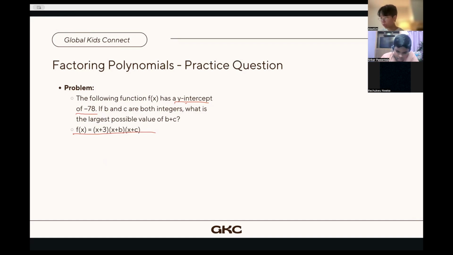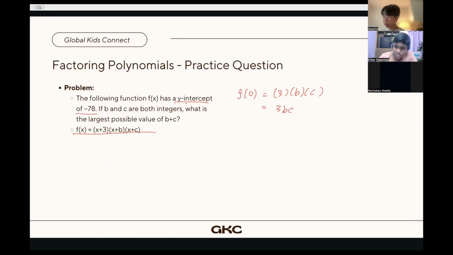And so, with just knowing the value of the y-intercept, we'll plug in x equals 0 into the polynomial to get a grasp of what this function expresses the y-intercept as. If we do this, very simple, we plug in x equals 0 so that we get 3 times b times c. And if we multiply that, that's just 3bc.